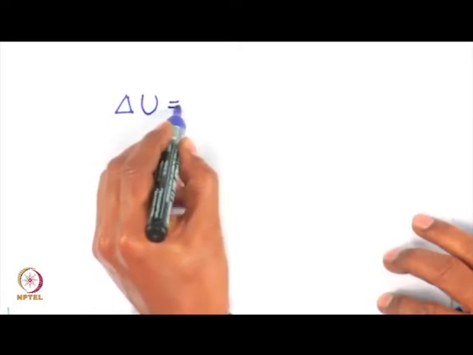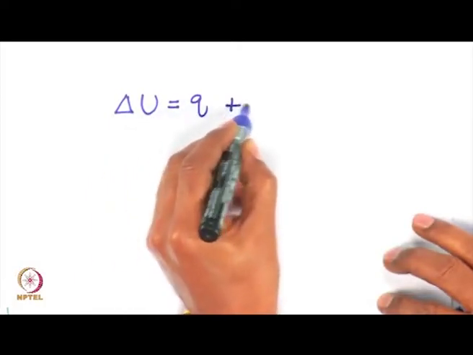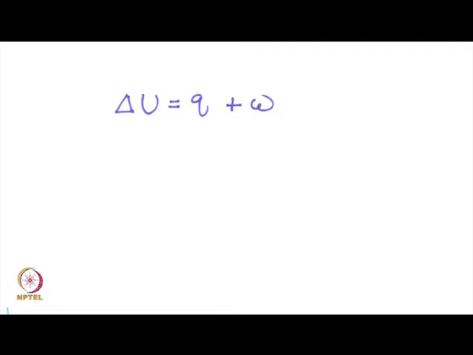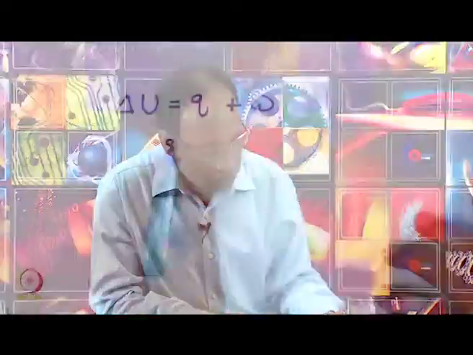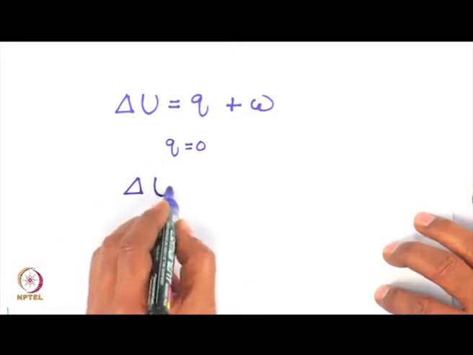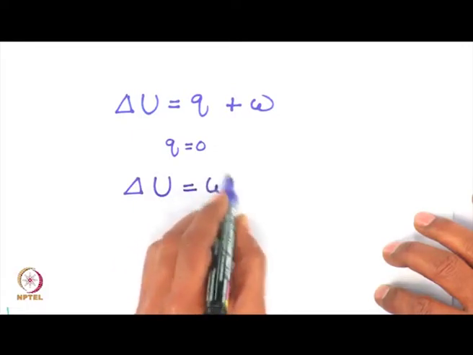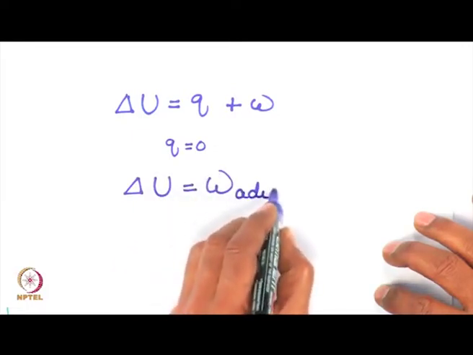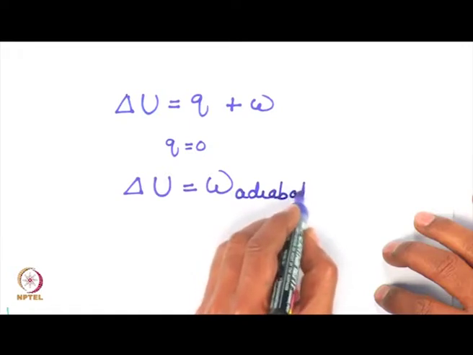So, the equation that we just derived is delta U is equal to Q plus W. And let me consider a process which is adiabatic. Adiabatic process means Q is equal to 0. So, I will write now delta U is equal to W adiabatic.